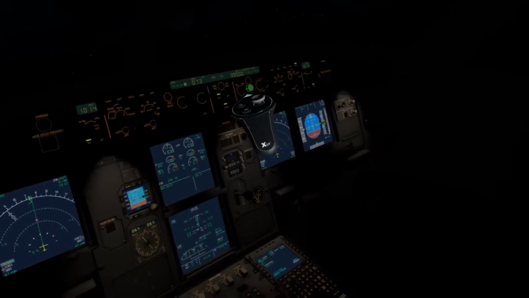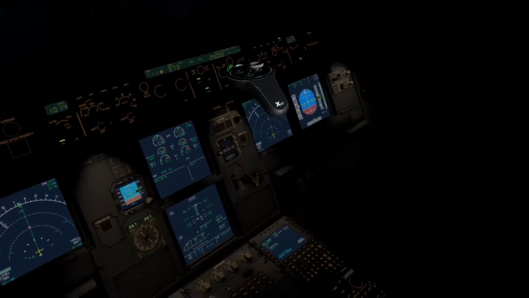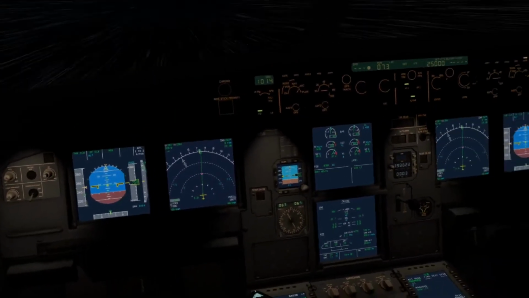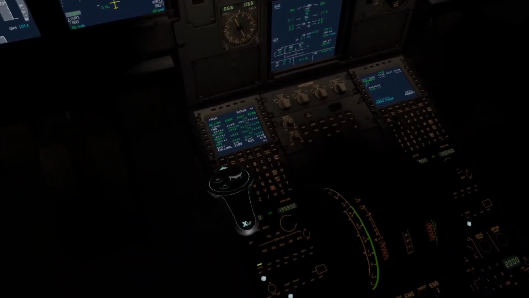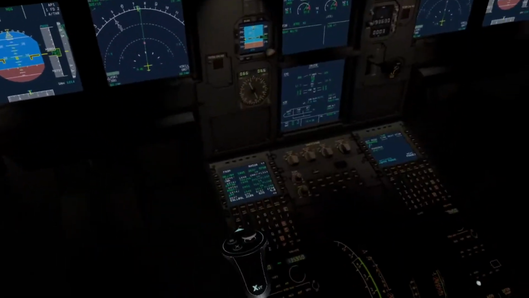So we have to set this to 25,000 feet. And we're gonna direct to, okay, once we get to 10,000 feet, now we're gonna direct.